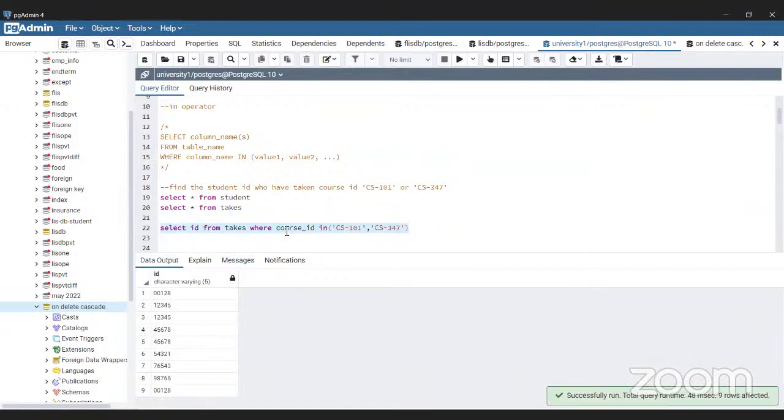In that query, you can also write it without the help of the in operator.